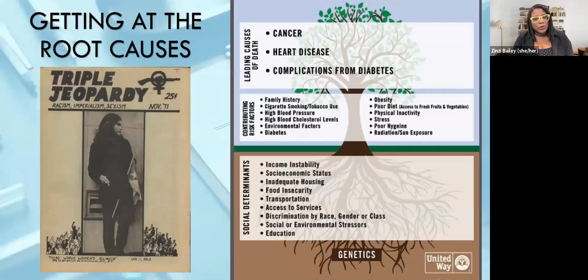If we look below the surface of cancer outcomes and proximal risk factors, we will find the root causes of social determinants of health and health inequities. We find an interaction of isms, racism, classism, sexism, and imperialism that ground the distribution of social determinants of health across different groups and thereby drive the contributing risk factors.